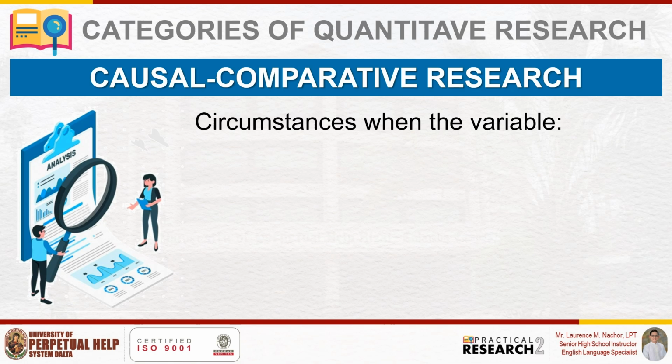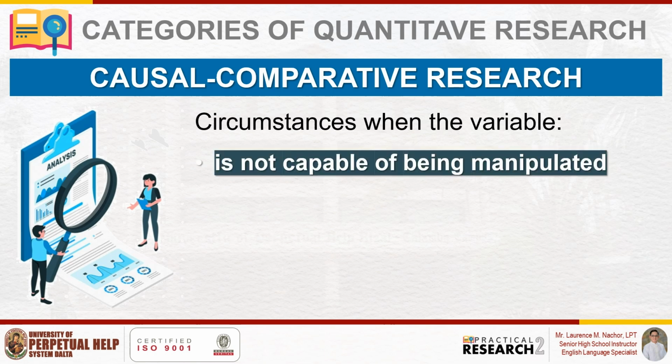So let's come now to the different circumstances under causal comparative research. The first one is not capable of being manipulated. Some variables are not capable of being manipulated, such as age.